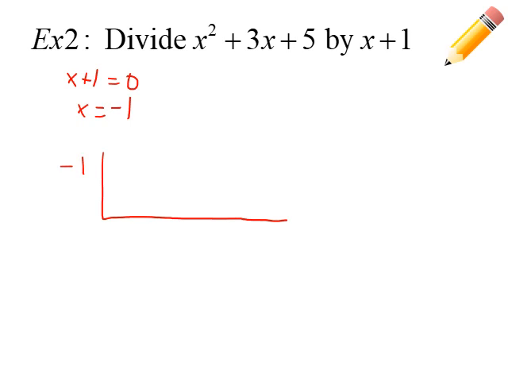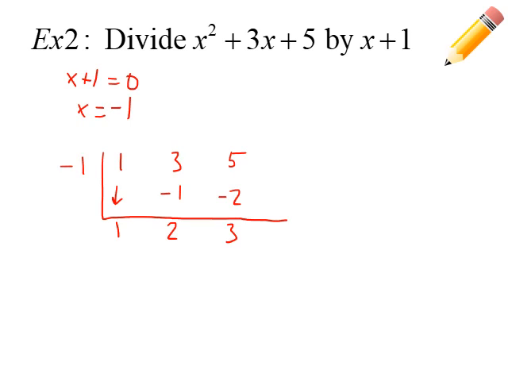X squared has a coefficient of 1, followed by a 3 and a 5. Again, I'm bringing that leading coefficient down. -1 times 1 is -1. Combine, I get 2. -1 times 2 is -2. 5 and a -2 gives me 3. So I know I'm going to have a remainder of 3.